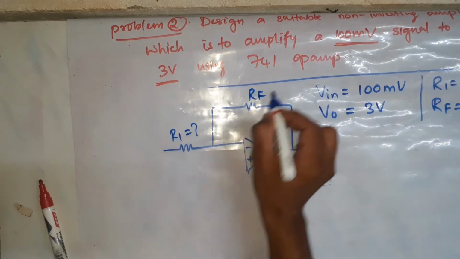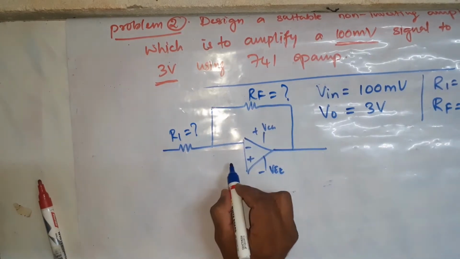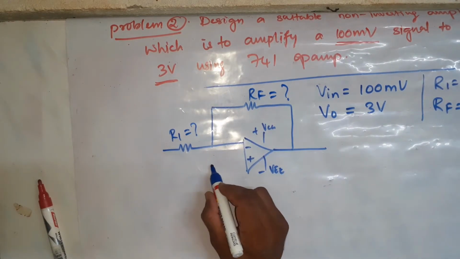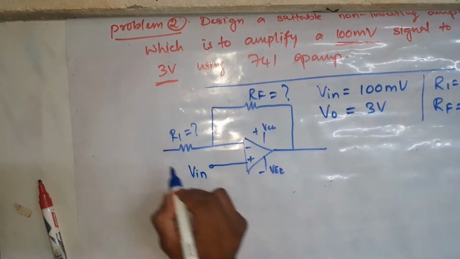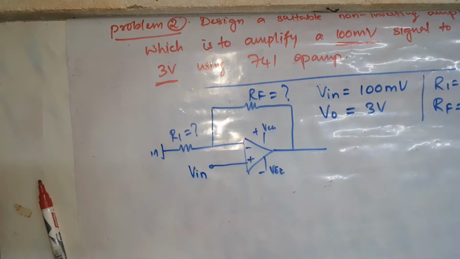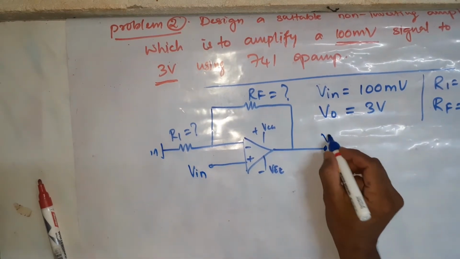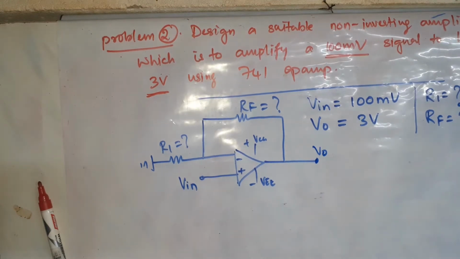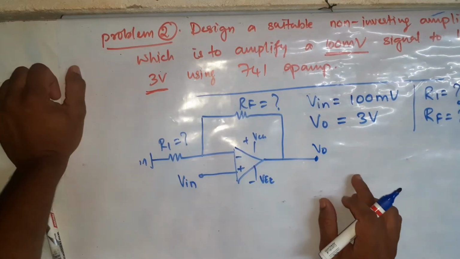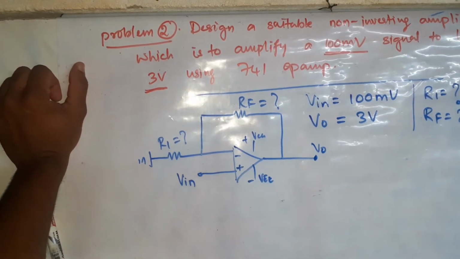These are the unknowns, right? This is non-inverting, right? V in is applied here, and this one is grounded. This is your V out. This is your non-inverting circuit. To design this, you require R1 and RF values.